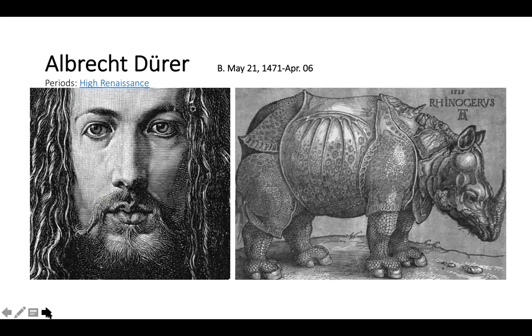Bibles were being printed, and people previously didn't really know how to read. You could only hear the Bible from the priest, right? And maybe someone who was very, very wealthy. But now the Bible's being printed, it's very inexpensive, and people are learning to read.